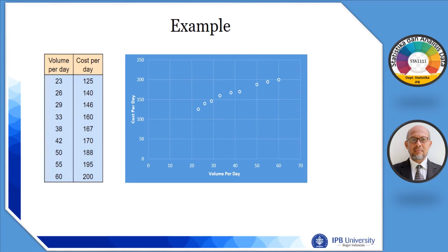To know whether there is any relationship between the two variables, you can make a scatter plot, in which you put volume per day as the x-axis, and the cost per day as the y-axis. You can look at here. So this is the scatter plot between the two variables.